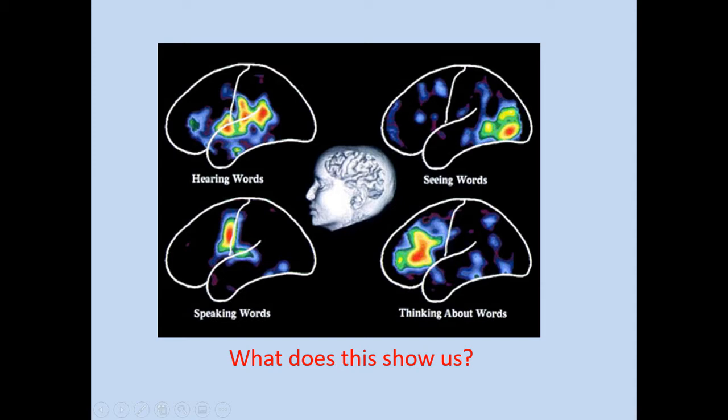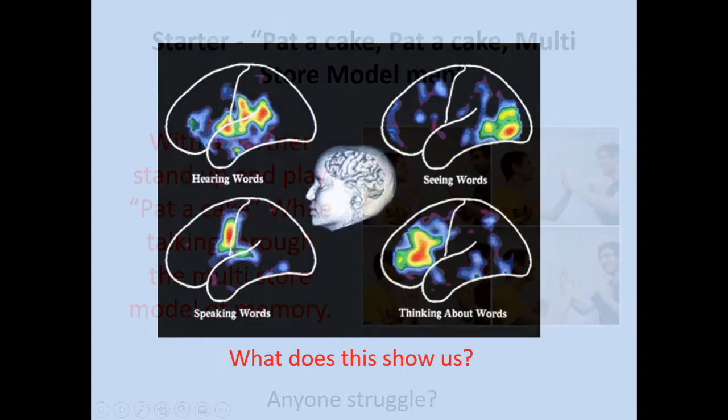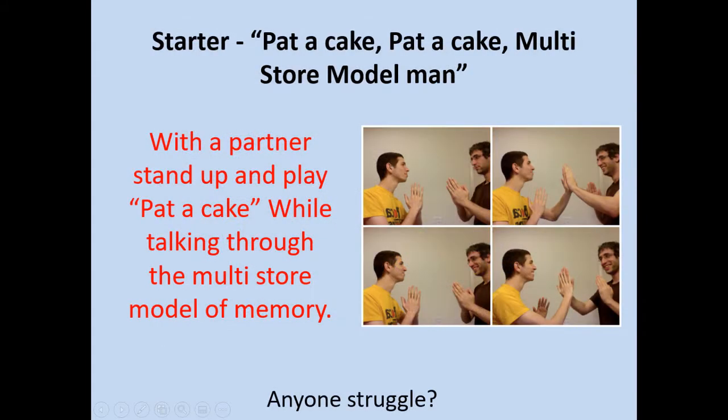When we're hearing words, we've got more activity around Broca's and Wernicke's area, and when we're thinking about them particularly, we see it more in the prefrontal cortex. So that's really quite interesting. It shows us a few things as well about the brain which we haven't necessarily thought of.